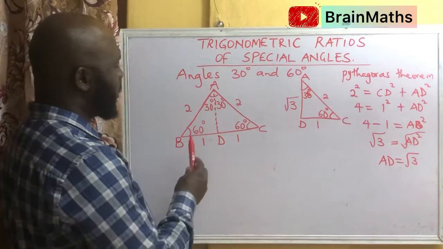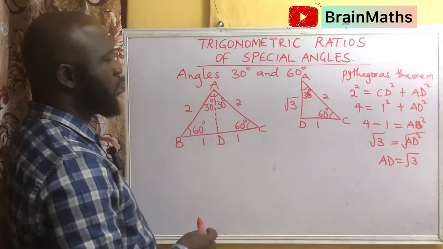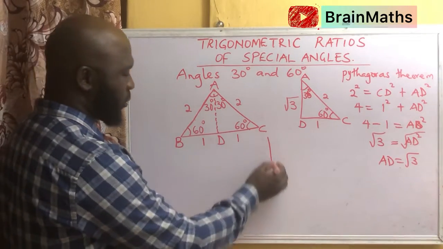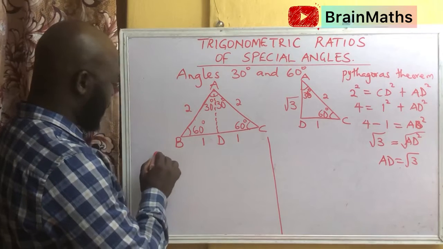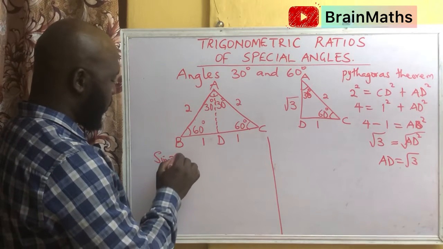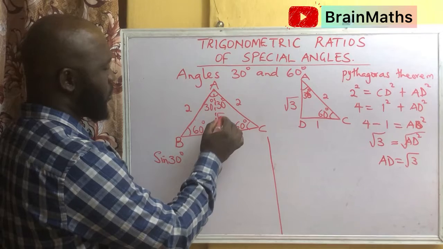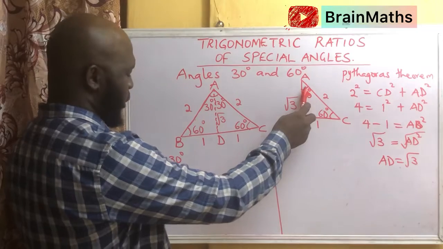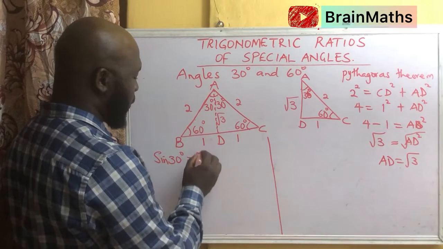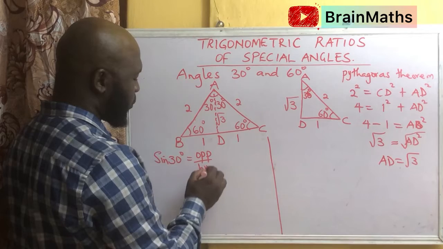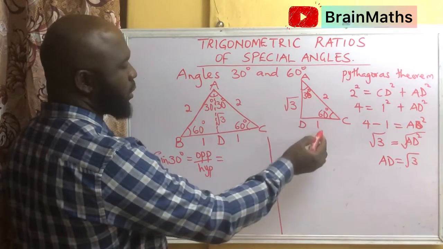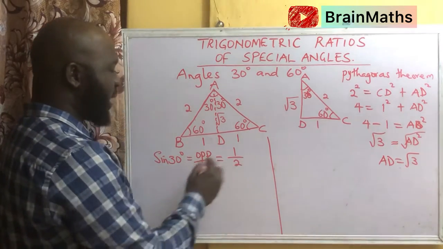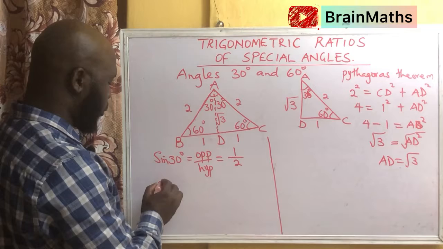Now we want to determine the special angles 30 and 60. So let's start with 30 degrees. For sine 30 degrees, this side is now root 3. Sine 30 says opposite over hypotenuse. This is our opposite, 1. Our hypotenuse is 2. So sine 30 is 1 over 2.